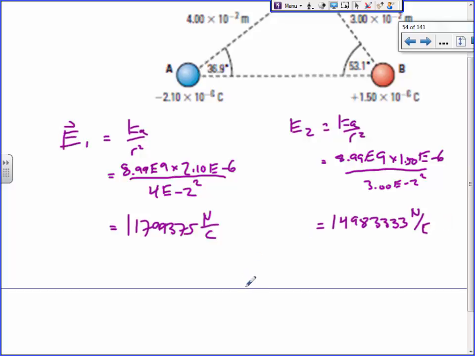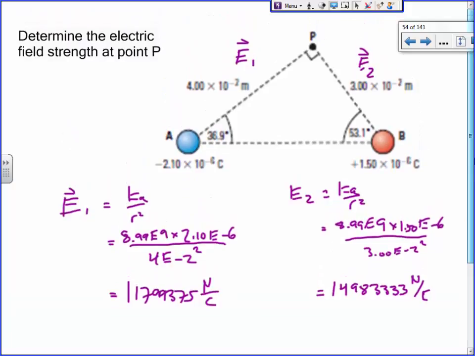All right, what am I up to here? We got this. So now we need to find the X and Y components. So we need E1X, E1Y.